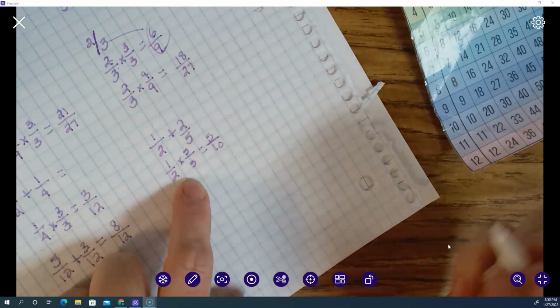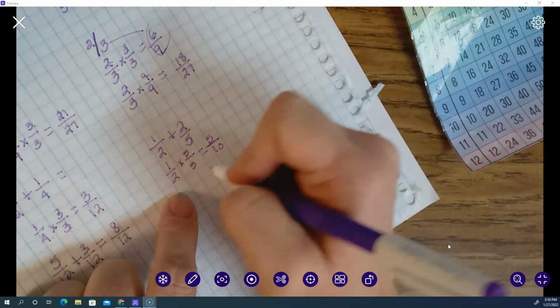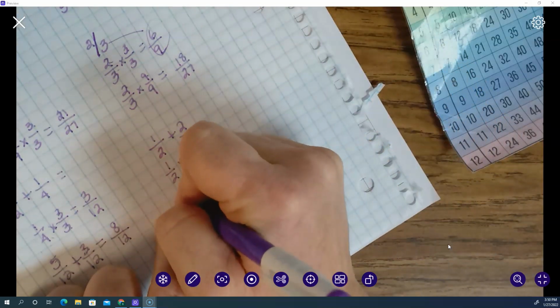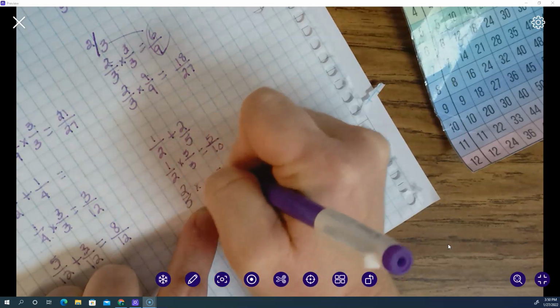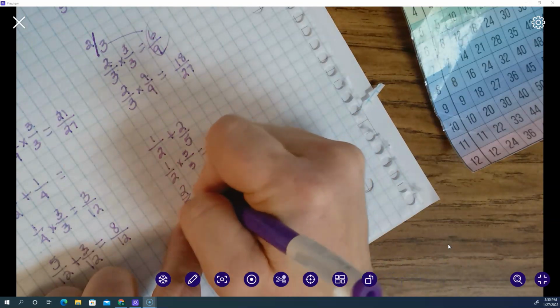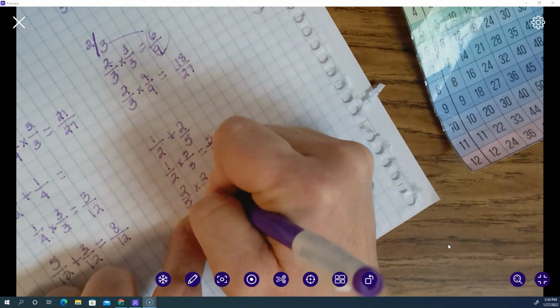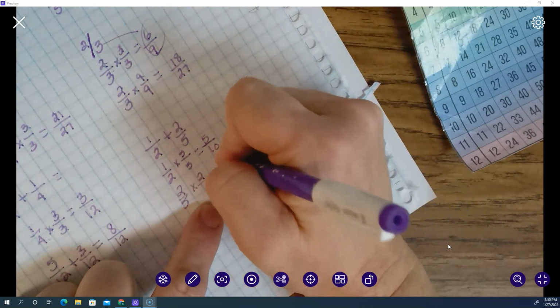You're going to get so tired of hearing me say that, but it's true. All right? And then over here, I'm going to do 2/5 times what equals 10. Well, 5 times 2. So I got to multiply 2. 5 times 2 is 10. 2 times 2 is 4.